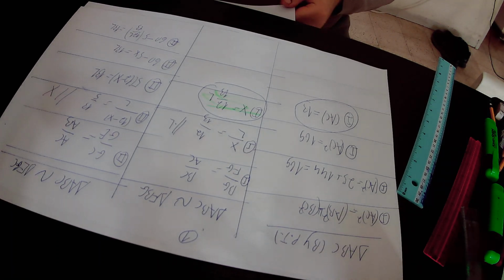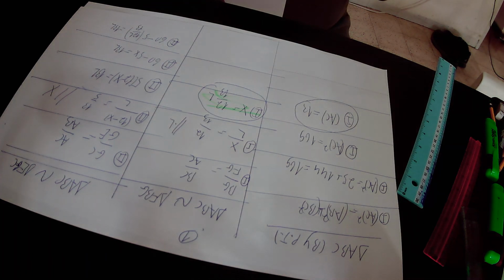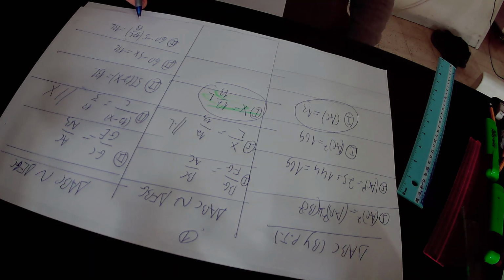So we found that according to equation 2, here we have minus 5 times 12L, which is minus 60L divided by 13, equals 13L.